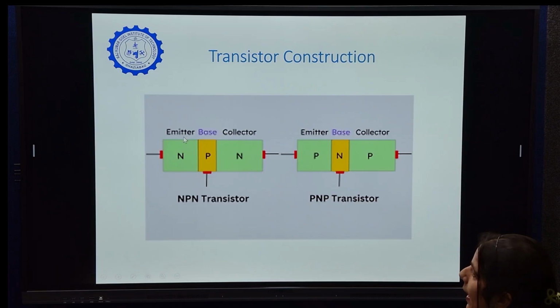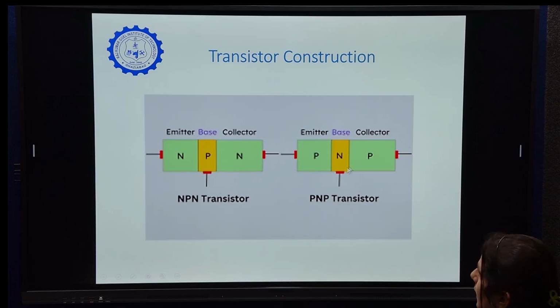This is the emitter region, this is the base region, this is the collector region. The terminal which is connected to the emitter region is called the emitter terminal. The terminal which is connected to the base region is called the base terminal and the terminal which is connected to the collector region is called the collector terminal.